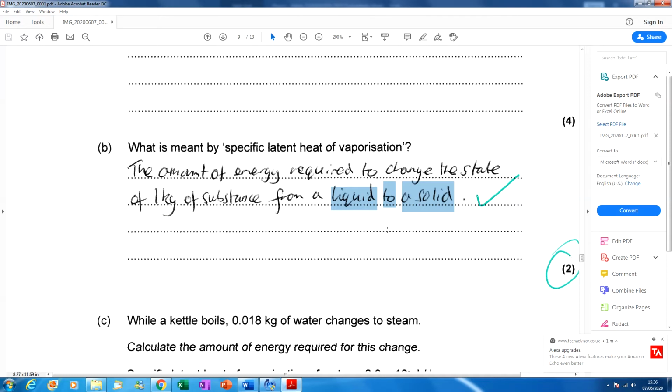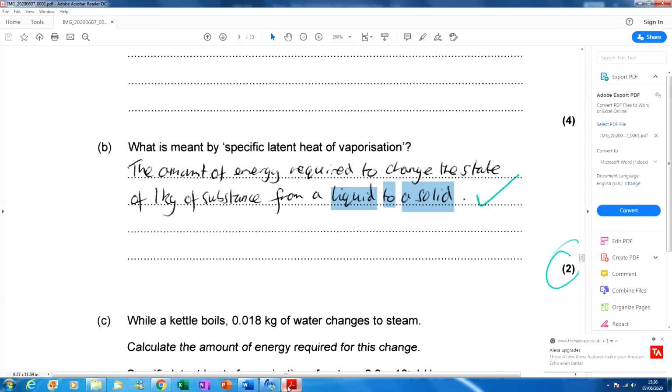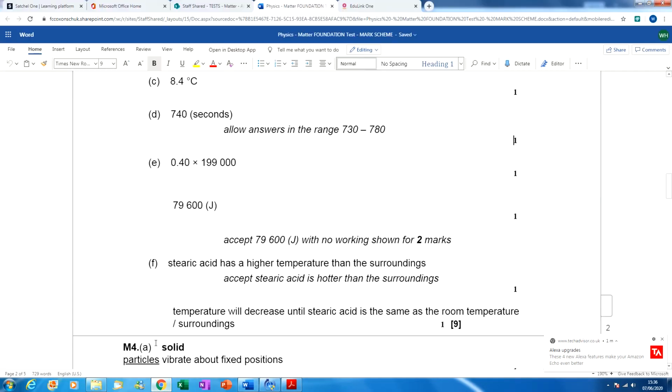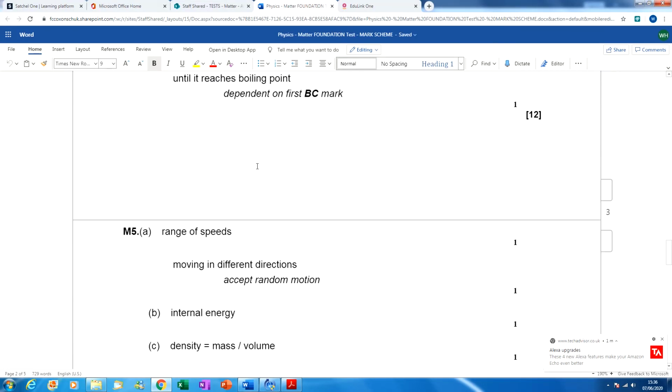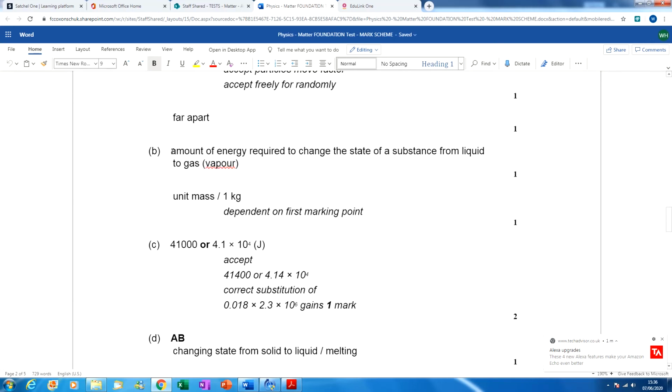So going back to the mark scheme, just so you could see, over here, I think. Amount of energy required to change the state of a substance from a liquid to a gas, and you're talking about 1 kilogram. So this bit here. Good.